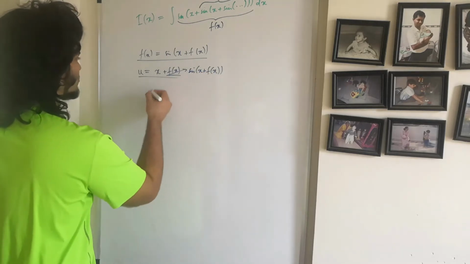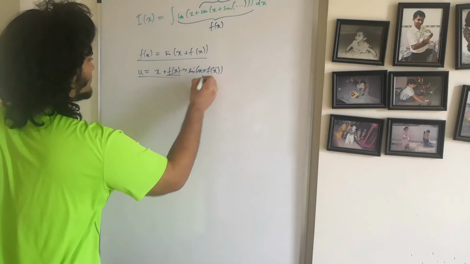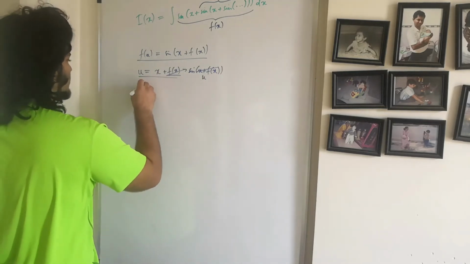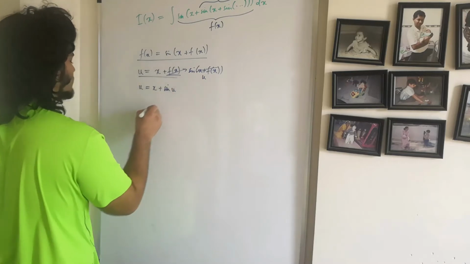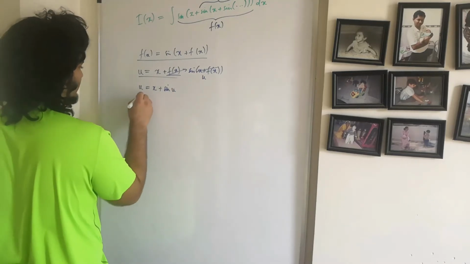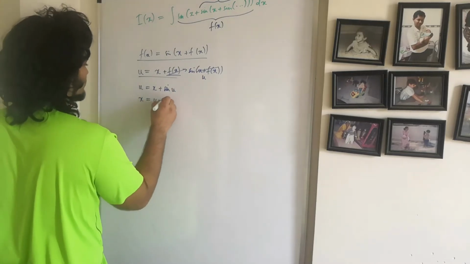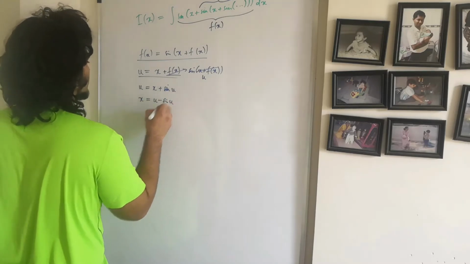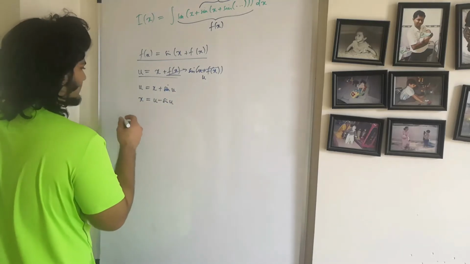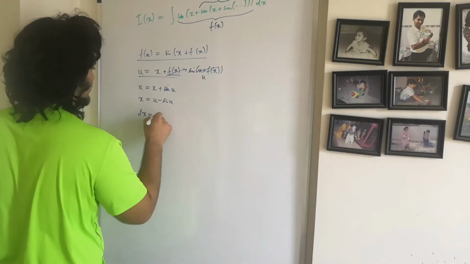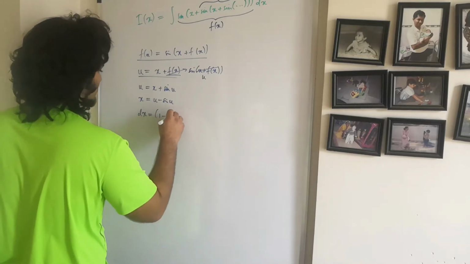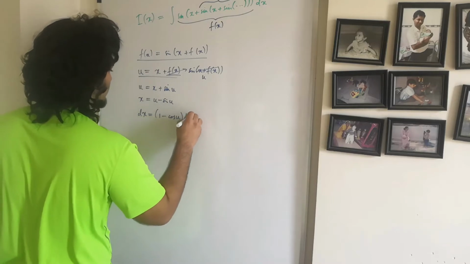We just defined u to be x plus f of x, so this is nothing but u. So we have u equals x plus sine u. We solve for x and we get that x is nothing but u minus sine u, and if we differentiate both sides with respect to u, we get that dx is equal to 1 minus cos u du.